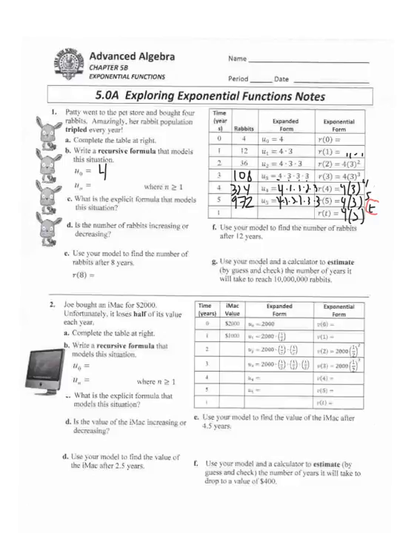So that's how many rabbits we start off with. And in general, u sub n is equal to u sub n minus 1 times 3.